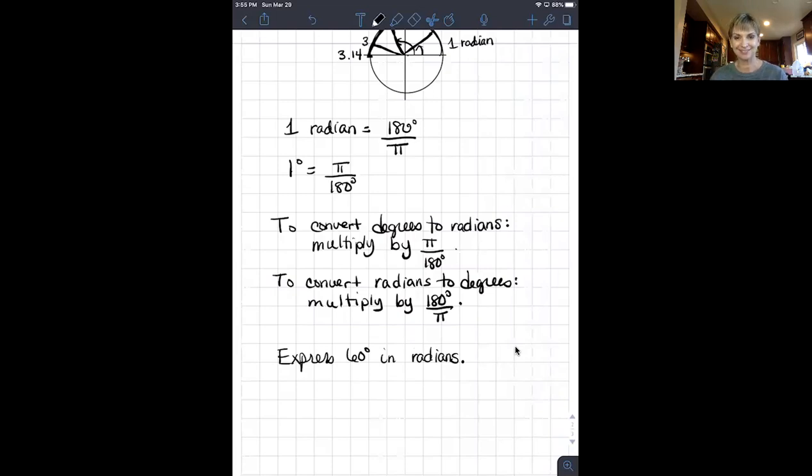So you do 60 degrees and multiply that by pi over 180 degrees. That would give me 60 times pi over 180, and then you simplify that. I can simplify that because 60 goes into 180 3 times. So that would give me pi over 3, or pi over 3 radians, and that's my answer.